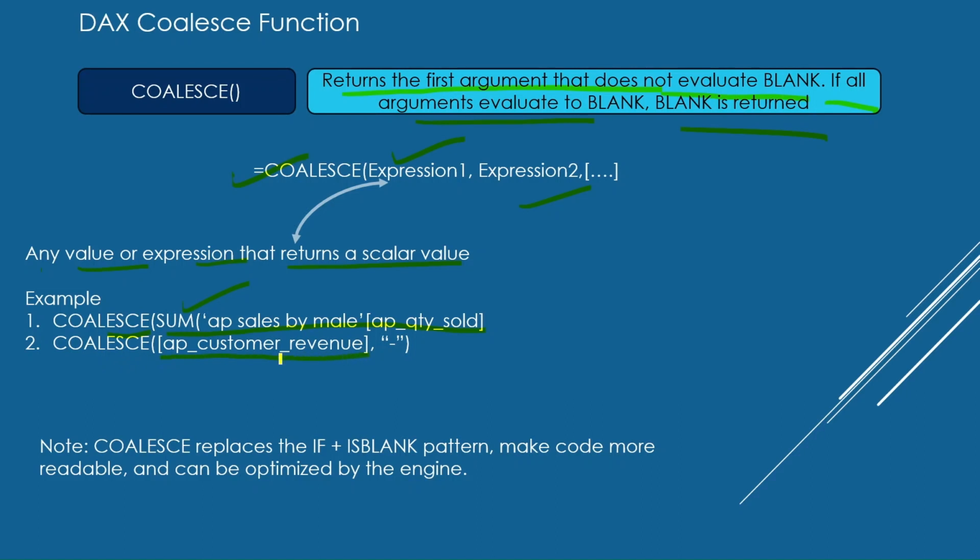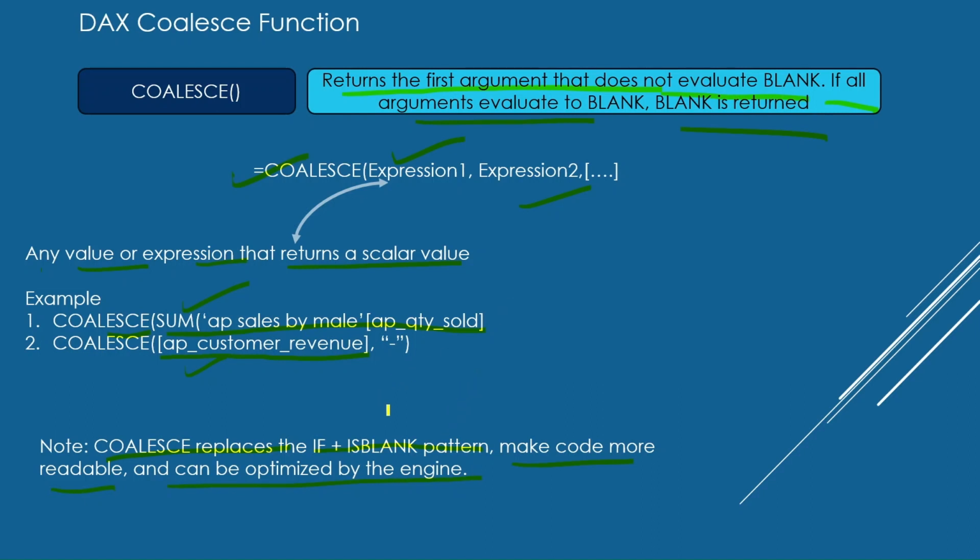Coalesce is taking the expression, and the expression is in the form of a measure or in the form of any aggregate function. Note, the Coalesce replaces the IF plus ISBLANK pattern, makes code more readable and can be optimized by the engine.